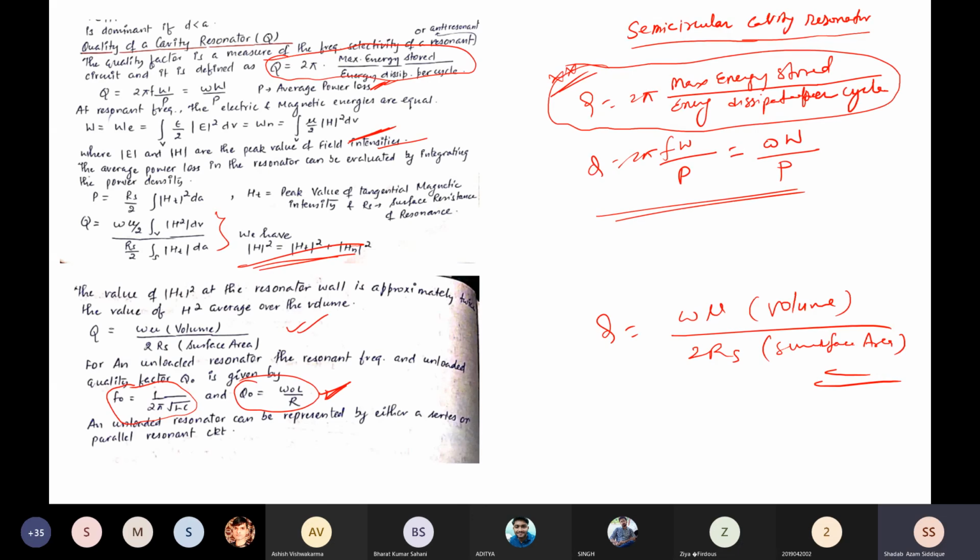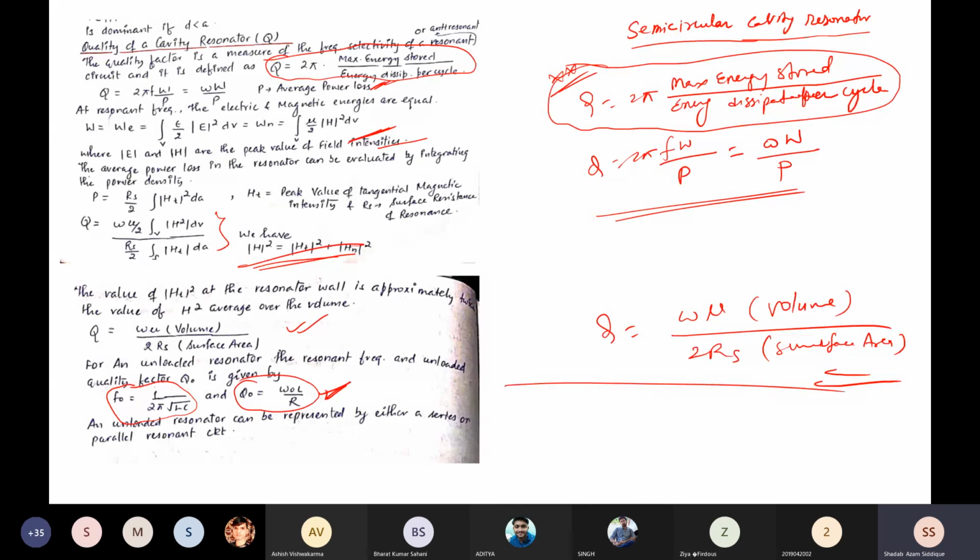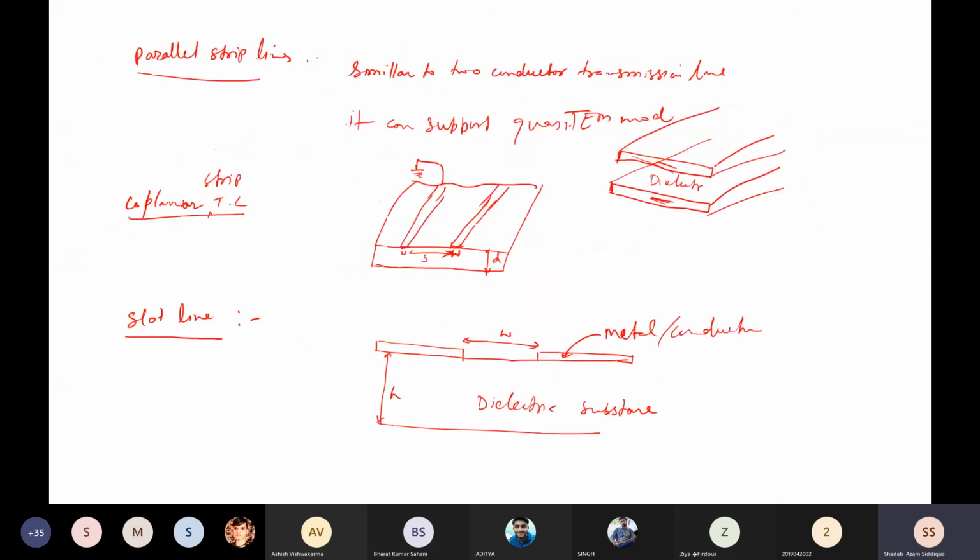One more thing. I'll give you one formula that may be useful for you anytime. We have discussed the coaxial lines.